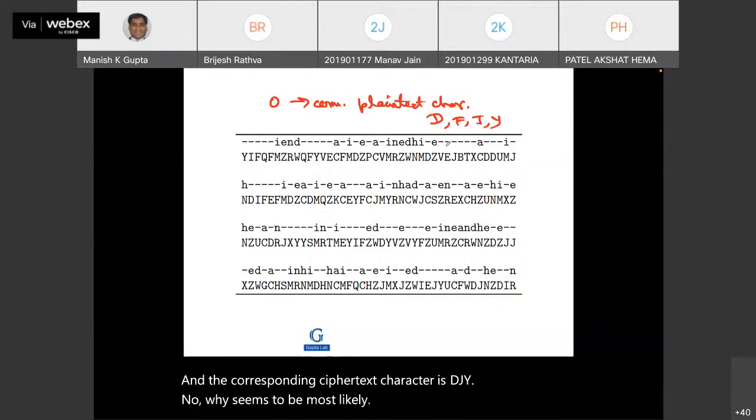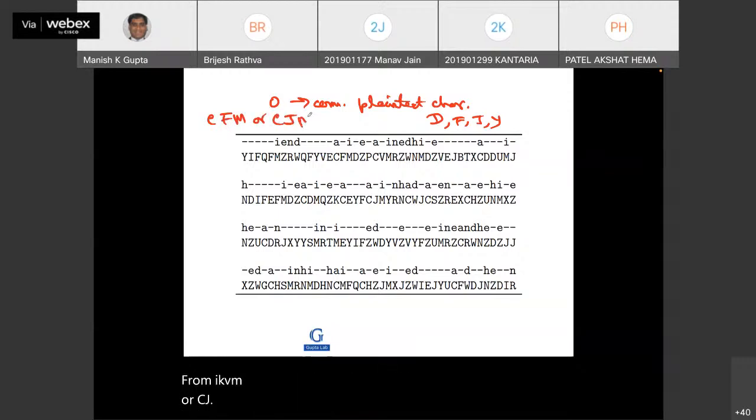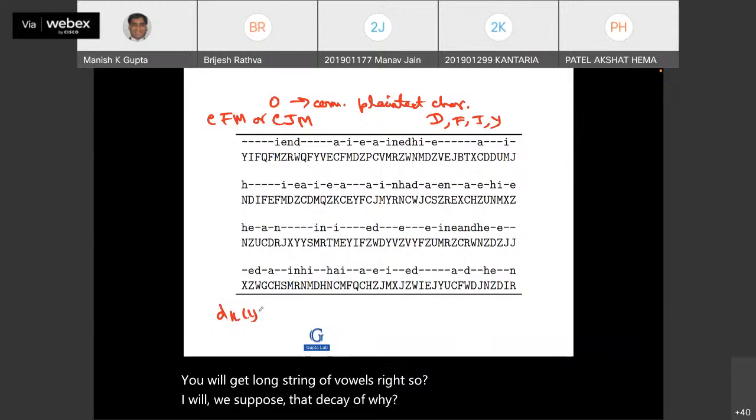Otherwise, we get long strings of vowels, from CFM or CJM. We'll get long strings of vowels, right? So we suppose that dk of Y is nothing but O.